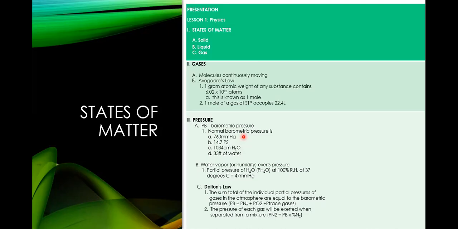One atmosphere, which is barometric pressure, is 760 millimeters of mercury. So 2 atmospheres will be how many millimeters of mercury? 760 times 2, 1,520. So 2 atmospheres will be 1,520 millimeters of mercury, and then 3 atmospheres will be 760 times 3. They're trying to show you how that correlates with depth.